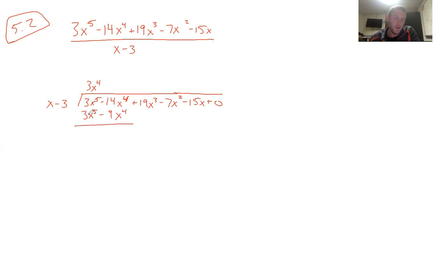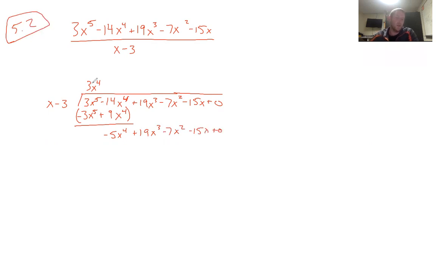You need to change the sign, because if I added going down, technically you're subtracting going down. So I'm going to put a negative here and a positive here. You're changing the sign. So 3x to the fifth minus 3x to the fifth is 0. Negative 14x to the fourth plus 9 would be negative 5x to the fourth. Okay, and then put everything else, 19x cubed minus 7x squared minus 15x plus 0.